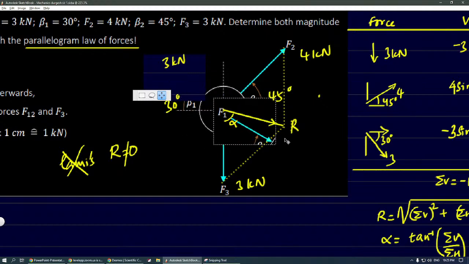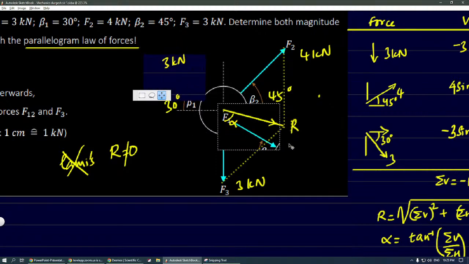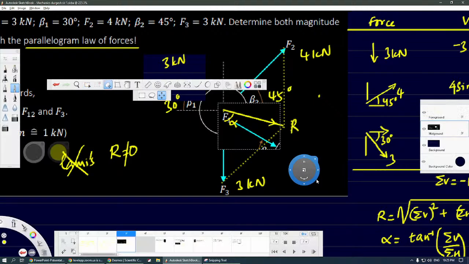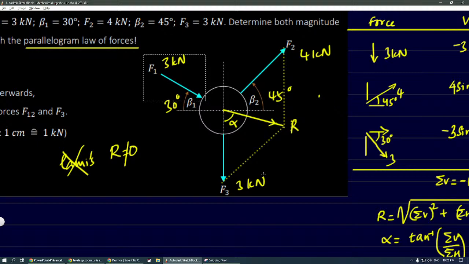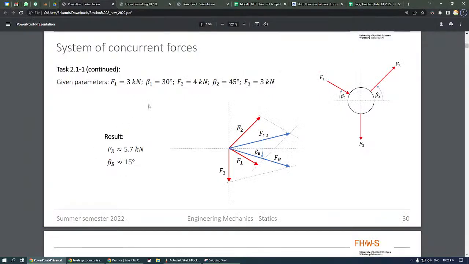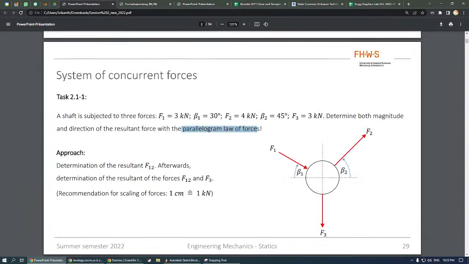So he first transmits the force here, then uses the parallelogram law first with these two forces, then with the other two. You can confirm with your lecturer whether you can use any other method, because in this case he has specifically mentioned parallelogram.